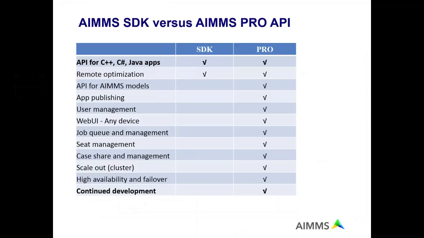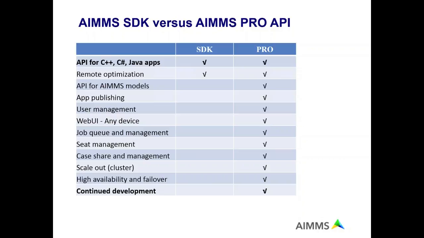This AIMMS SDK has an API for C#, Java, and also C++ applications. And this interface does have a quick way of passing multidimensional data, as opposed to the Pro application, but they both are available for embedding an AIMMS application into your total environment to hide it from the application being run. They both are able to do remote optimization, so that's similar up to that part.